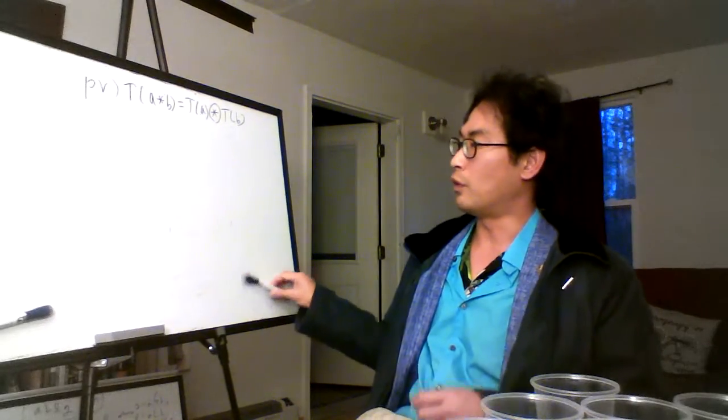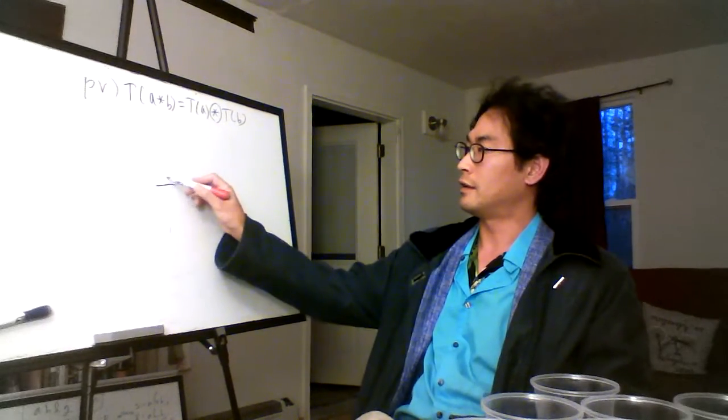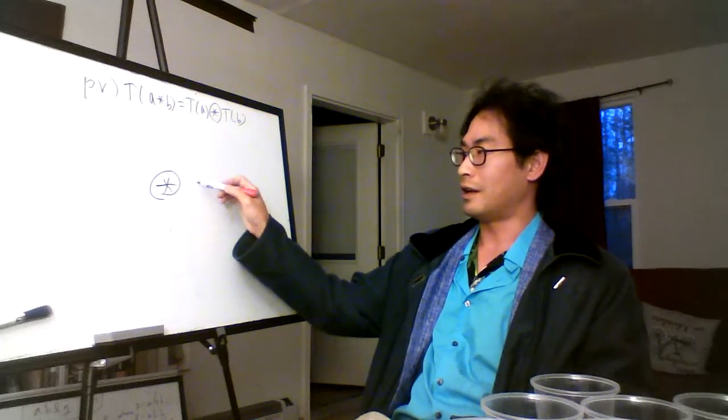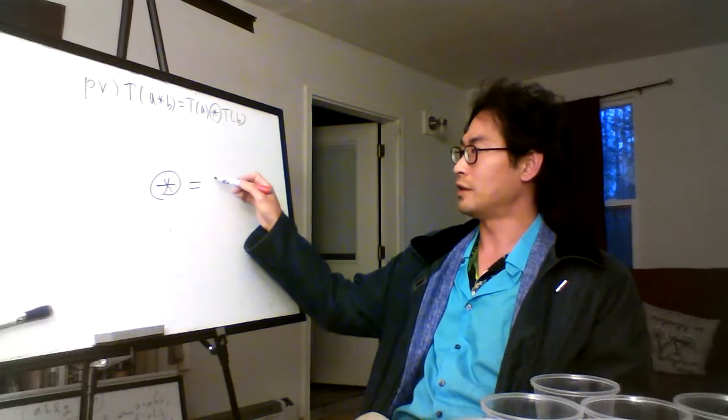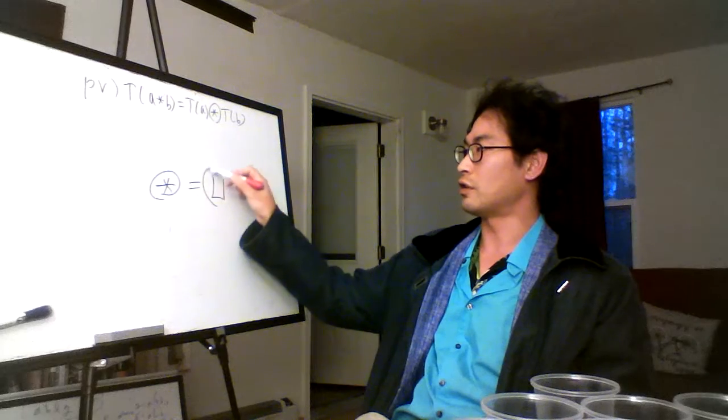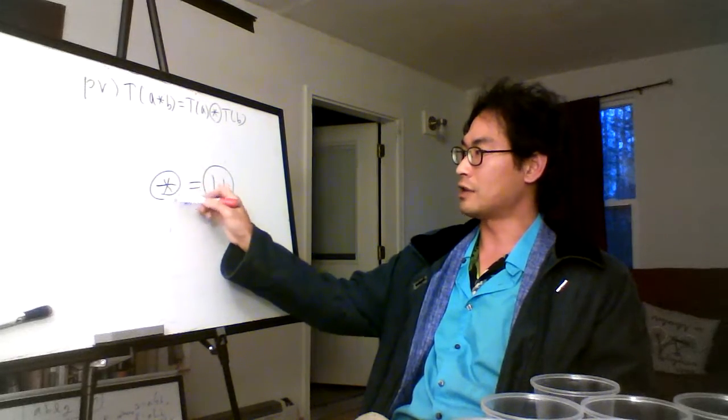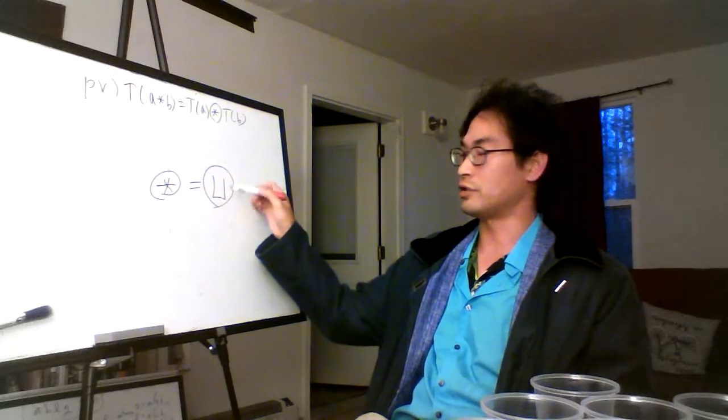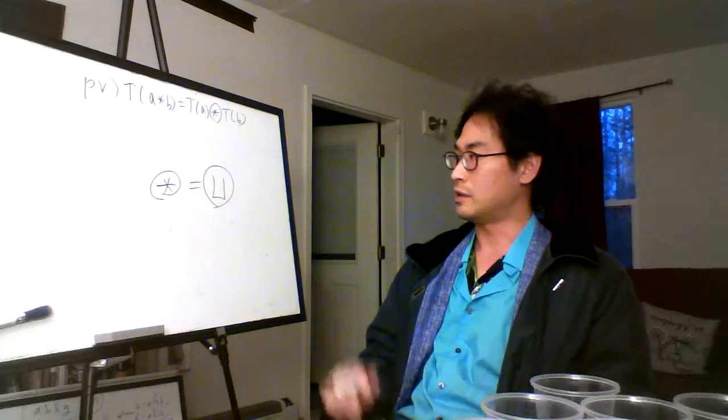We use this symbol, the multiplication star, but the star circle is the same as the union circle. So it's strict union.